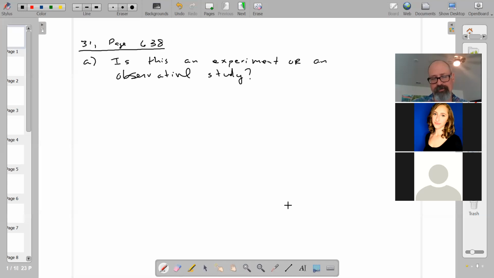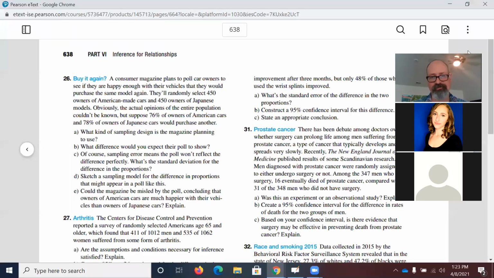Yeah. So if I had to make a decision about whether or not this was an experiment, let me go back to the actual question so we can see it. Recently, the New England Journal of Medicine published some results. Men diagnosed with prostate cancer were randomly assigned to undergo either surgery or not.